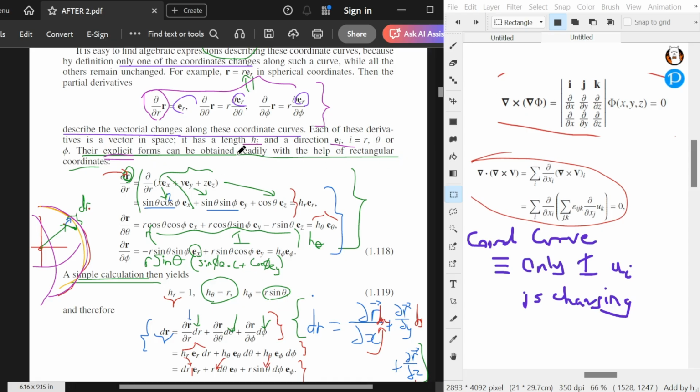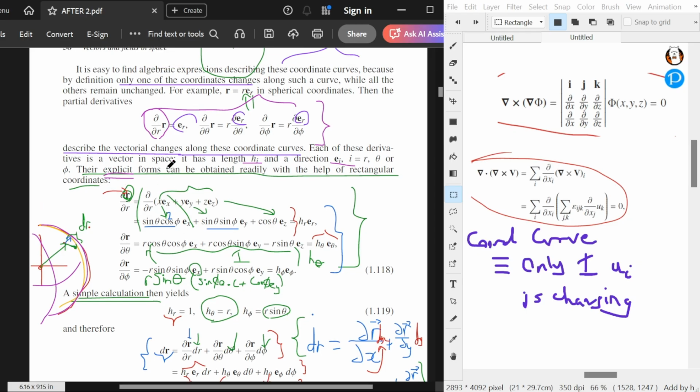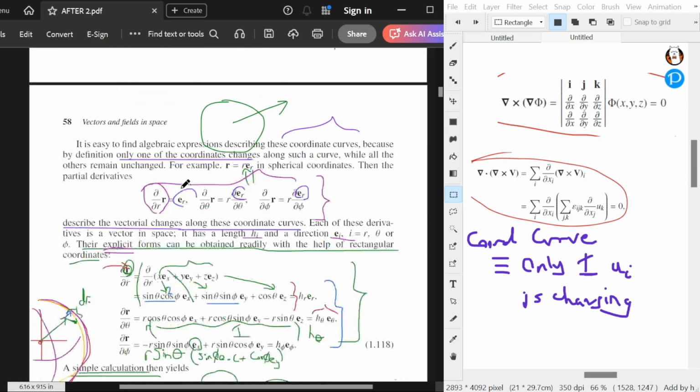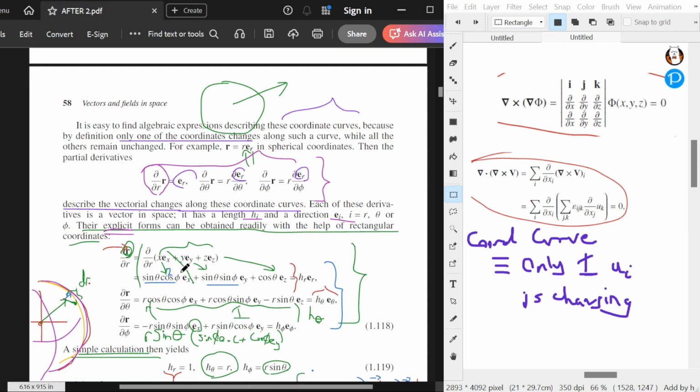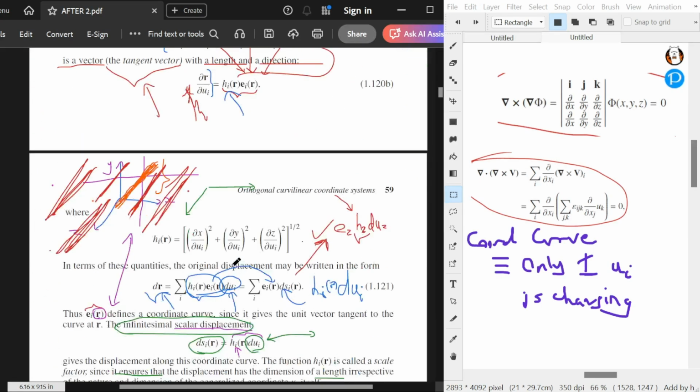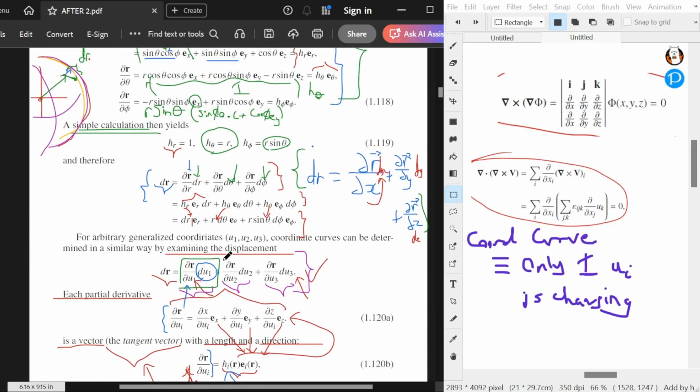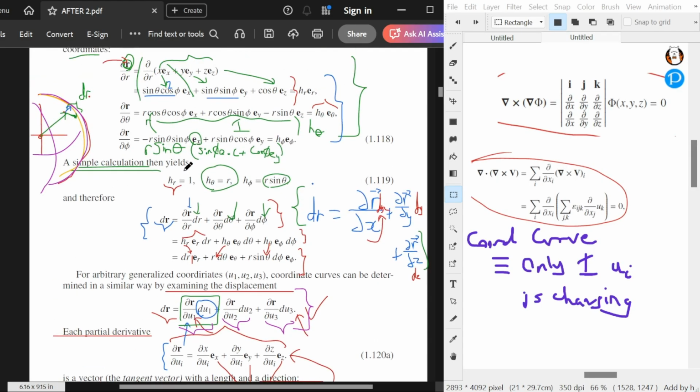The explicit forms can be obtained readily with the help of rectangular coordinates. Yeah, del r equals del r of this equals this. A simple calculation then yields the magnitude of these, and to get dr, you just add up all these together.